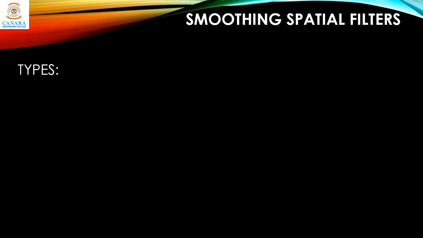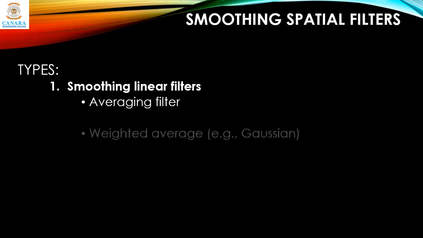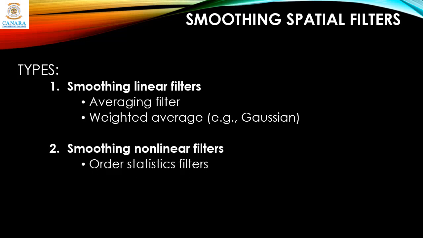So the types of spatial filters that we can use are smoothing linear filters, in which we can have an averaging filter or weighted average, like a Gaussian filter. And then we can also have smoothing non-linear filters like order statistic filters. In that you can have median, minimum, maximum type of filters.